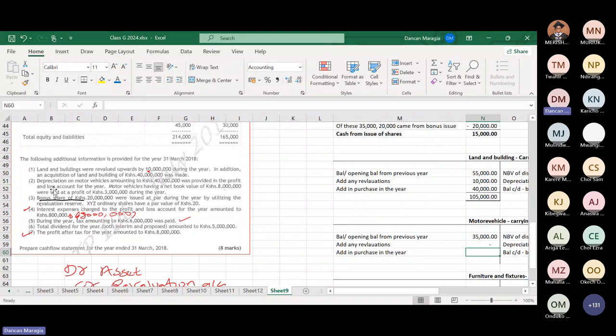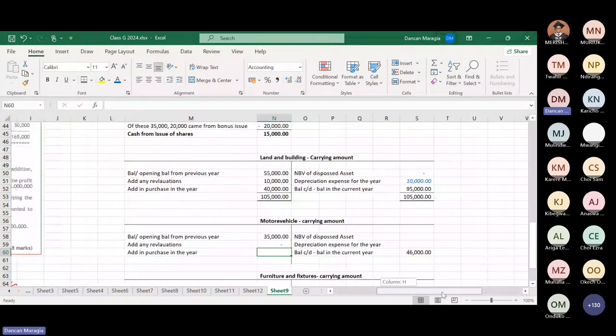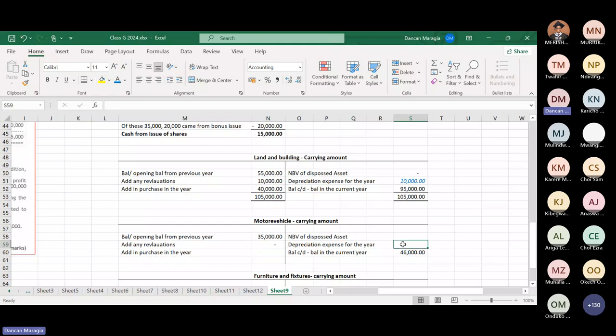But you are told in note 2, depreciation on motor vehicles amounted to 40 million and was provided for in the statement of profit or loss. So in the year, motor vehicles were depreciated with a depreciation of how much? 40 million.